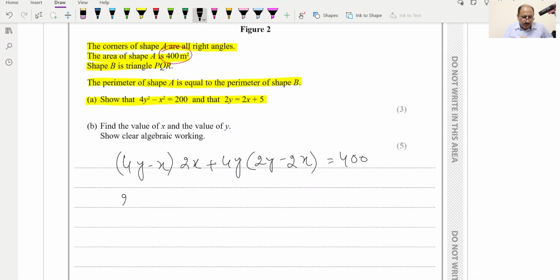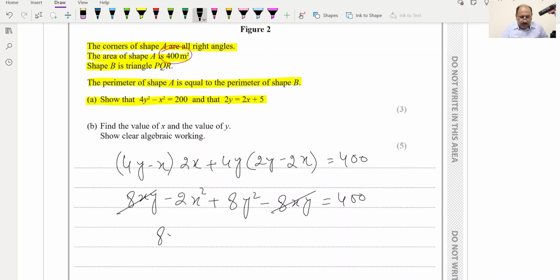And if we multiply, this will be 8xy minus 2x squared plus 8y squared, and minus this will be 8xy is equal to 400. Next, these two terms can be cancelled and we can write 8y squared minus 2x squared is equal to 400.